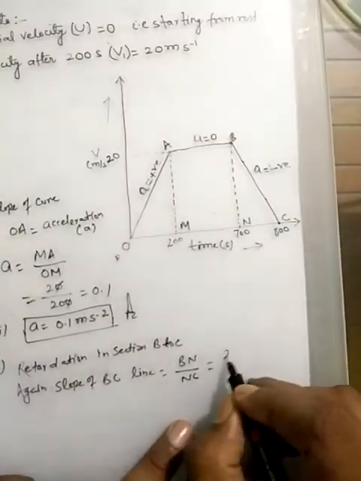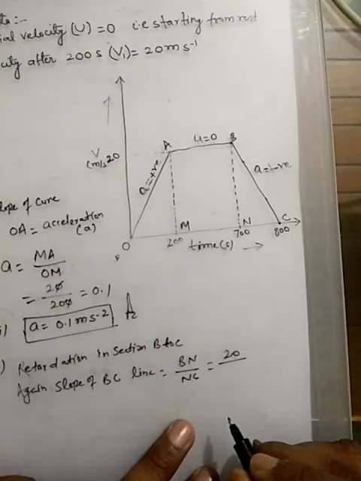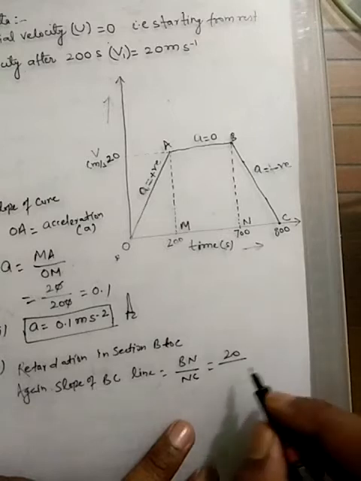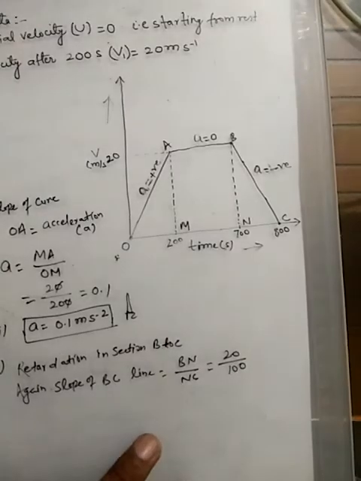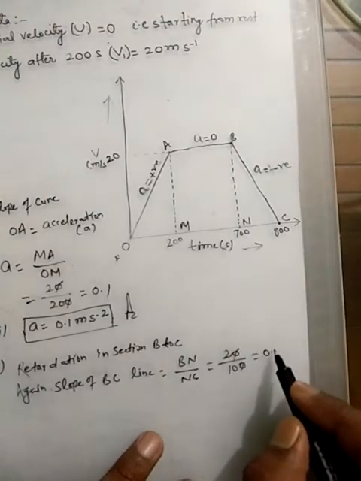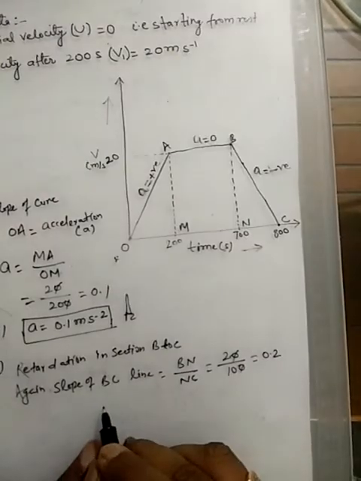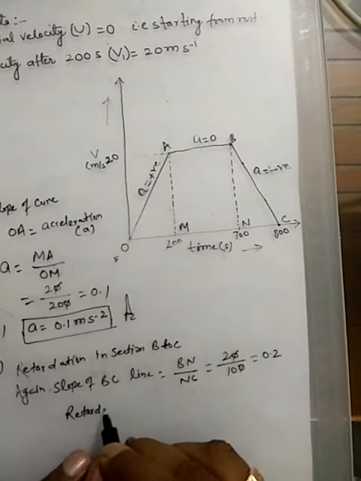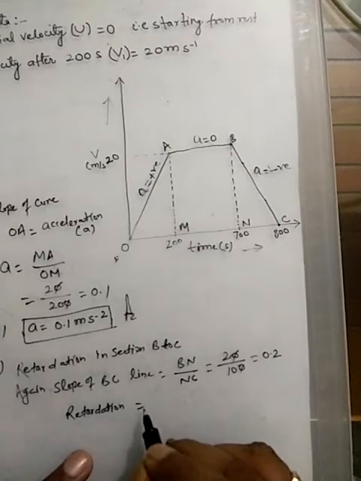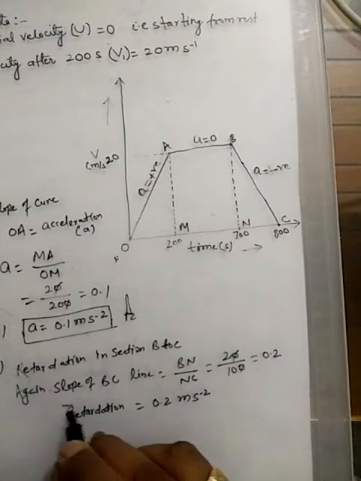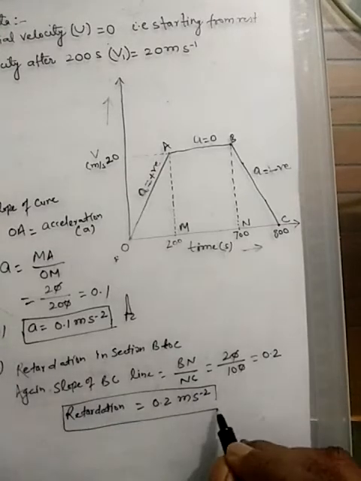BN is 20, and NC is 100, and it is 0.2. Therefore the retardation is equal to 0.2 meter per second square. This is the third part of the question answer.